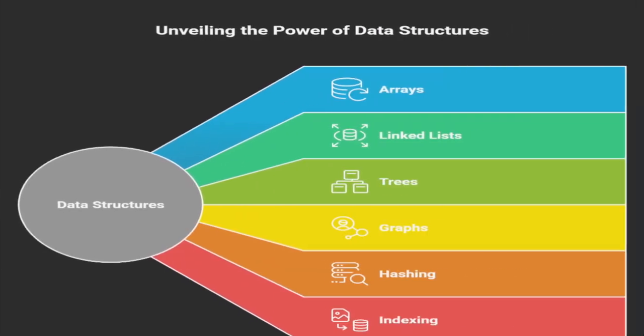So friends, data structures are of many types. Basically, data structures are classified into linear and non-linear data structures. Arrays, linked list, they generally come under linear. Trees and graphs are non-linear data structures.